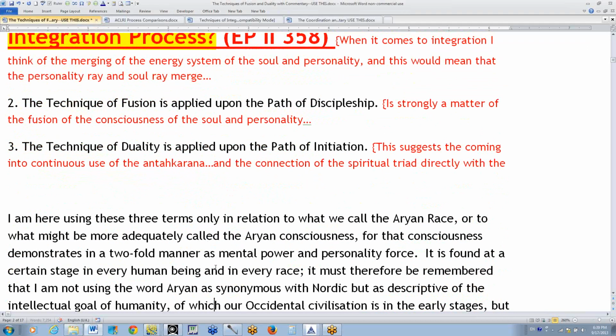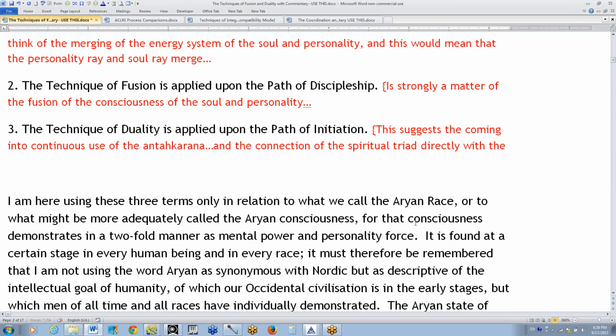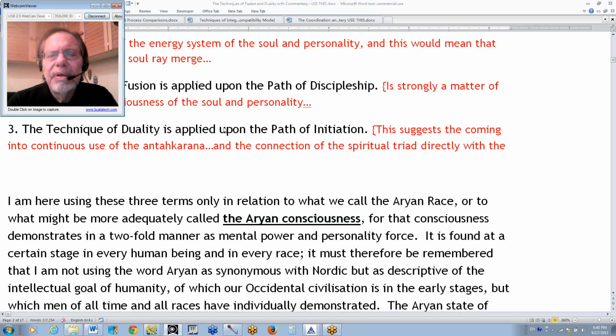Okay, I am here using these terms only in relation to what we call the Aryan race, or to what might be more adequately called the Aryan consciousness. It's not, when he talks about the Aryan race, he's not talking about the rather twisted, selfish, perverted use of the term used by the Axis powers, especially Germany, during the Second World War and preceding it.